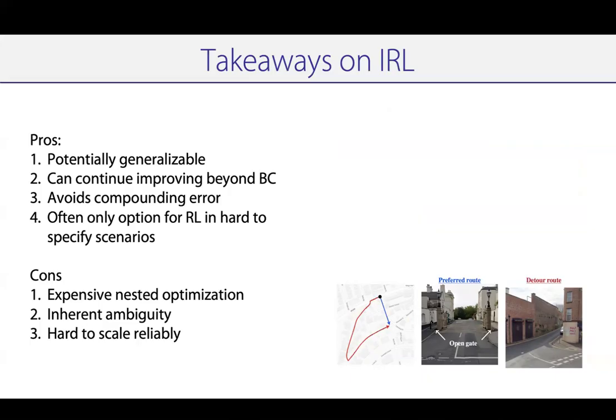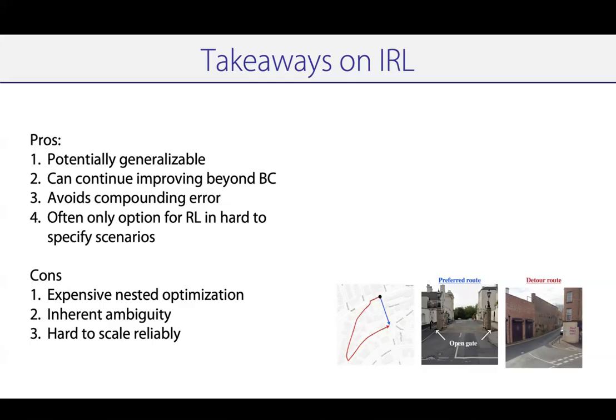Is there any paper that has looked into how much worse you would do, given that you don't have the true model but you're using this procedure? There's lots of work on forward RL, but I don't know about inverse RL. I think you might have to look that up.